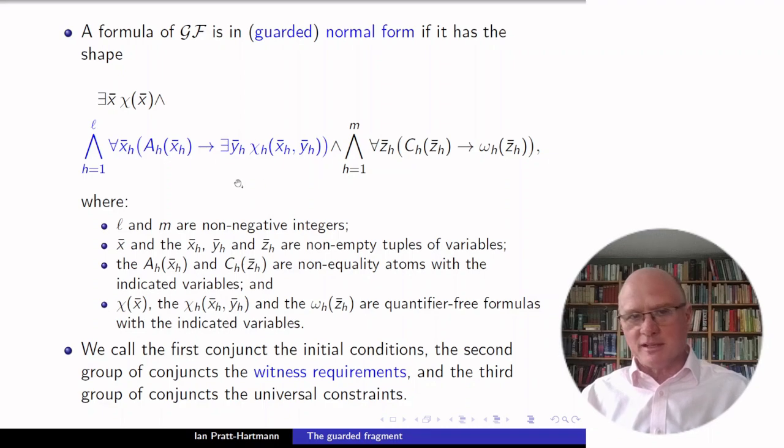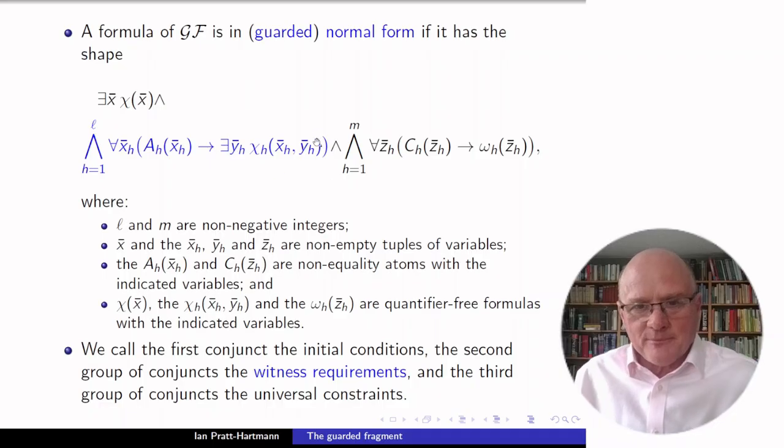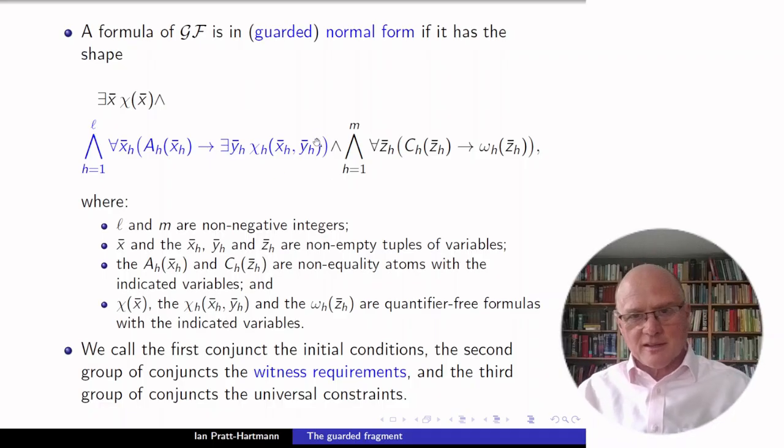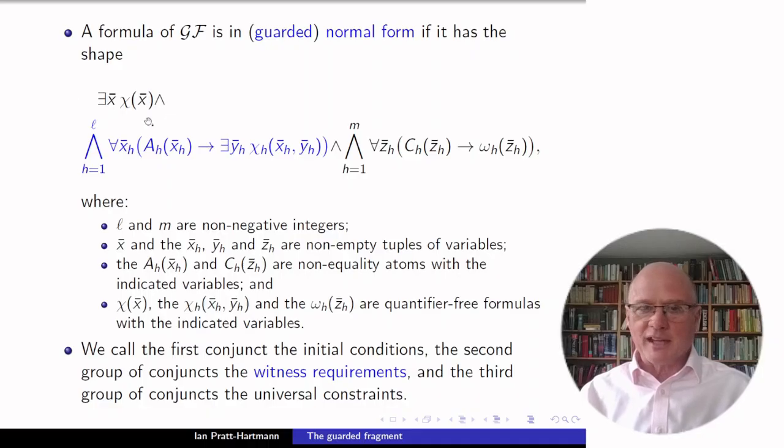Witness requirements because it says that any tuple satisfying some atom has to have a witness, let's say yh, satisfying some quantifier-free formula, together with the tuple satisfying the atom, of course. Okay, so that's the second group of conjuncts.